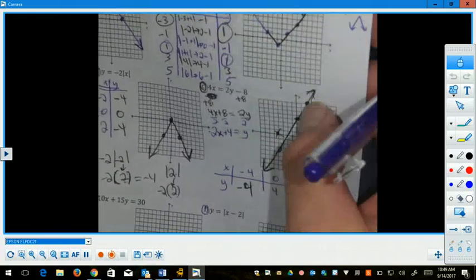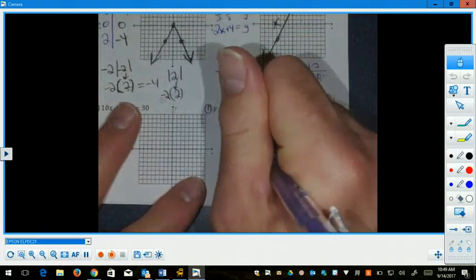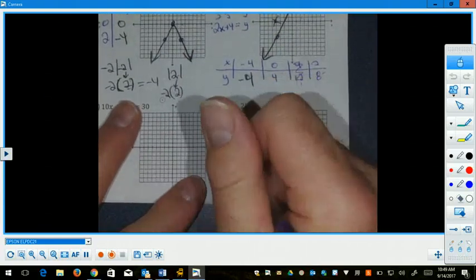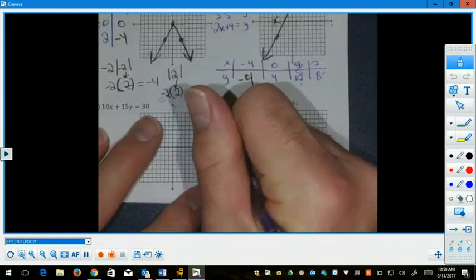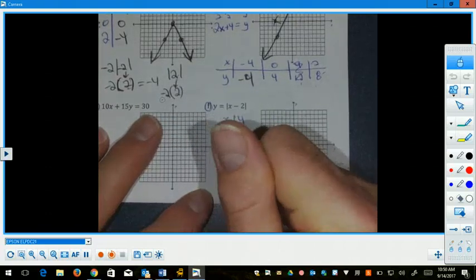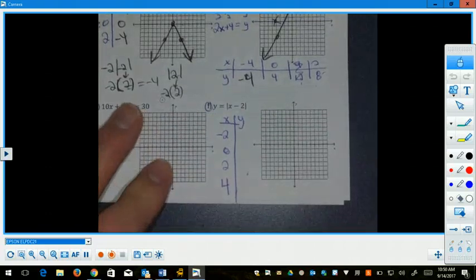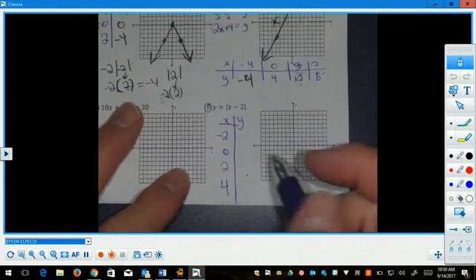Let's take a look at letter F. I'm going to pick my table and I'm going to pick values of -2, 0, 2, and 4. And I picked those intentionally. When I plug them in, I'm going to do everything inside there.